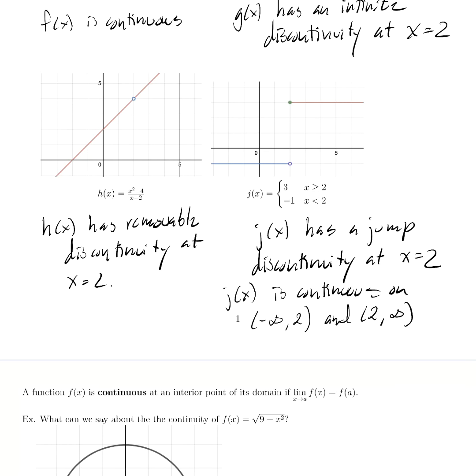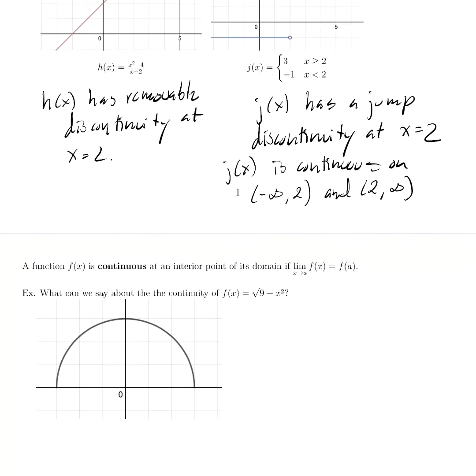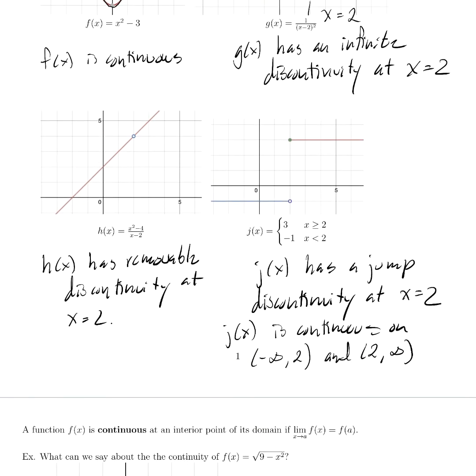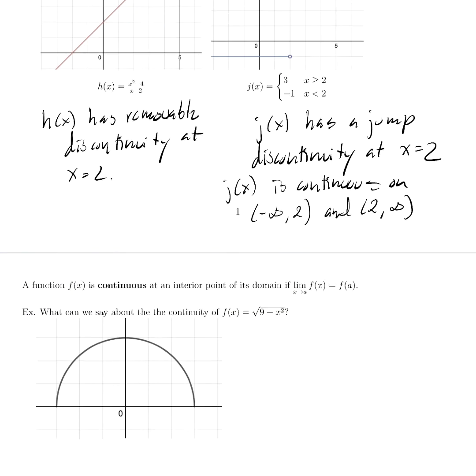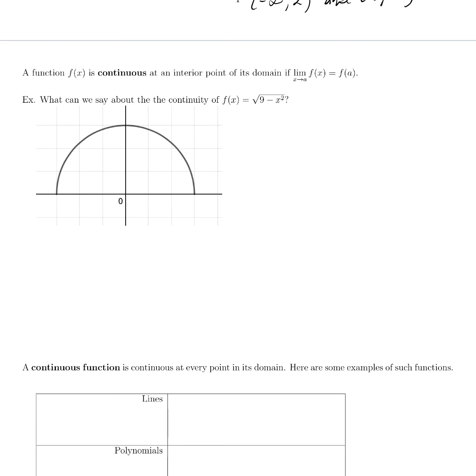If we want to know the limit as x approaches 5 of j of x, we would just evaluate the function at 5. If we wanted the limit as x approaches 0 of j of x, we would just evaluate the function at 0. We'd use the direct substitution property from section 1.6 to find those limits. And when you can use the direct substitution property, that implies that the function is continuous at that point.